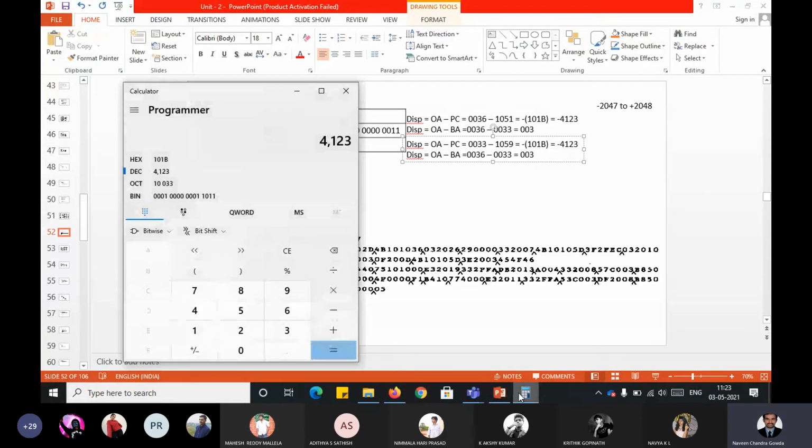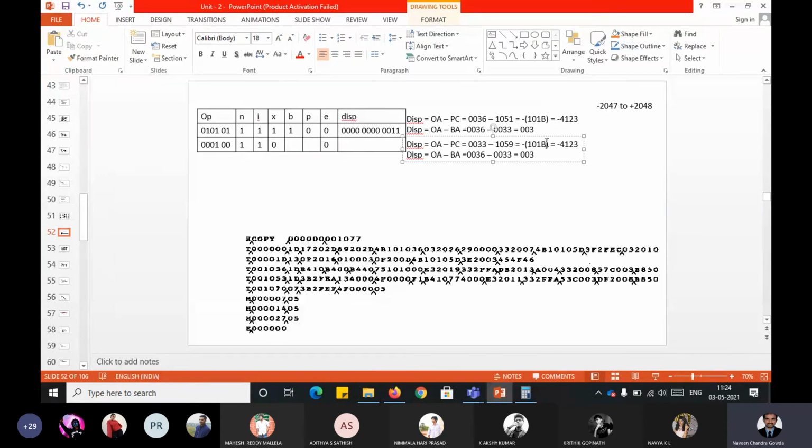That is where you are getting minus 1026 in hexadecimal. When you convert that hexadecimal to decimal, you are getting minus 4134. Again, this minus 4134 is less than minus 2047. Is it not? It is totally less than 2047.